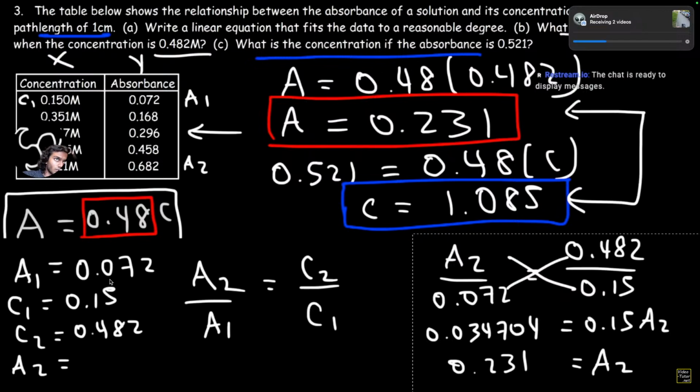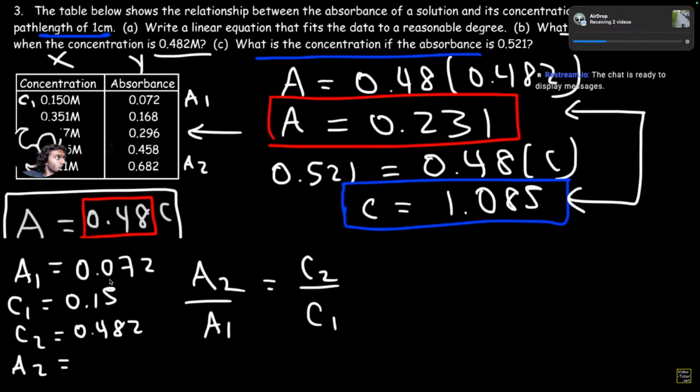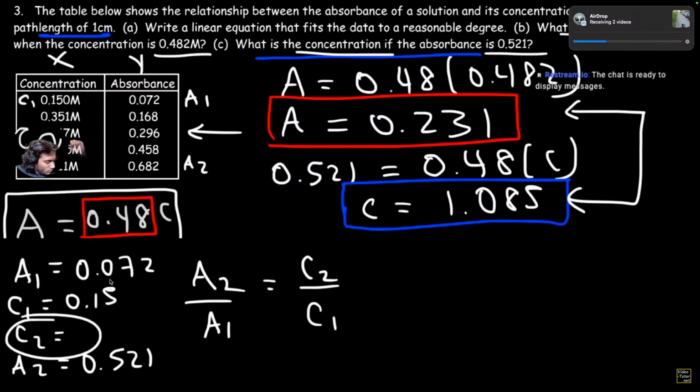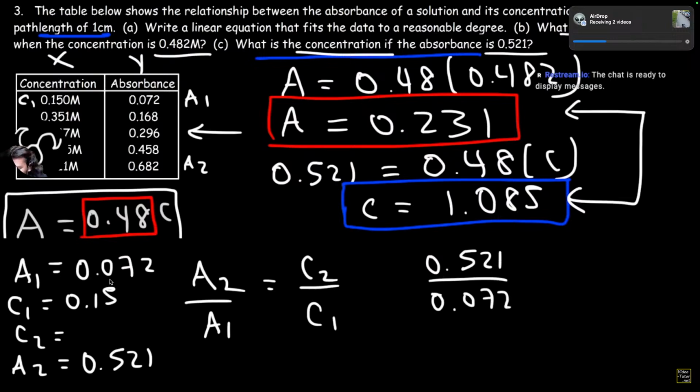Now, let's move on to the last part, part C. So this time, we're given the absorbance A2, and we wish to calculate the concentration C2. So A2 is 0.521, A1 is 0.072, and then C1 is 0.15.